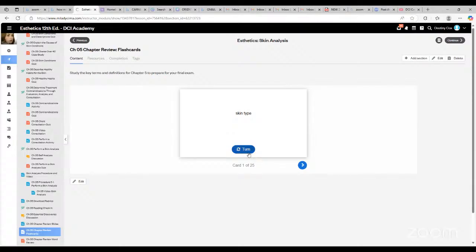Skin type. We just noticed that they were going to ask about skin types on the PSI exam, so I'm giving you some good information. Please take note. You got a term, skin type, and you want to add that to your list. Can anybody give me a reference to skin type? You can unmute. Sensitive skin? Sensitive skin would be a condition.